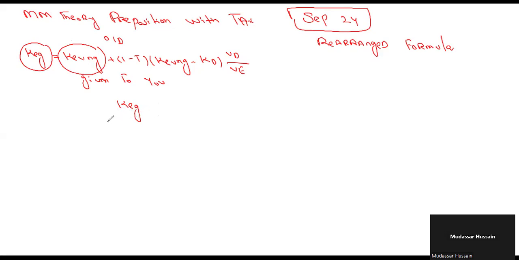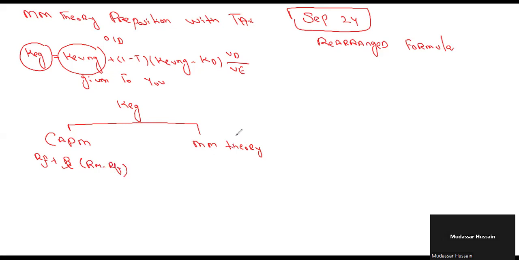But the cost of equity of the geared company we can find in two ways: one with the help of the CAPM, and one with the theory stated above. With the CAPM we use the risk-free rate plus beta equity into (RM minus RF). And if you want to find it with theory, then the formula is stated above.